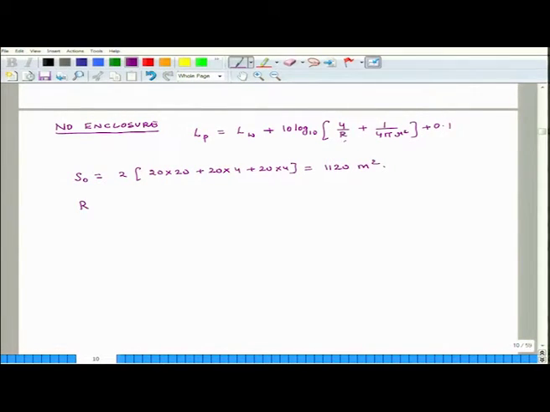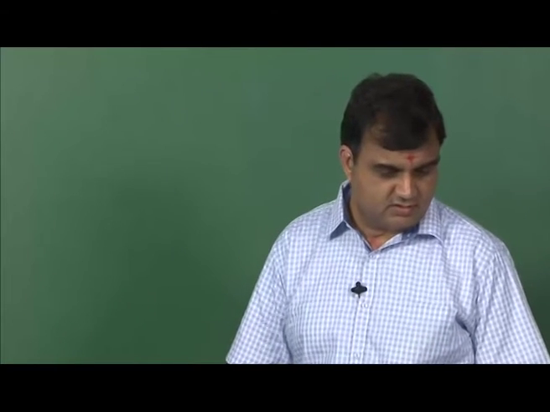So, now I can compute the room constant, and room constant is alpha bar S naught divided by 1 minus alpha bar. Now, we know that alpha bar changes with frequency. So, what I will do is just do the calculation for 500 hertz, but you can use a similar method to compute the entire table.